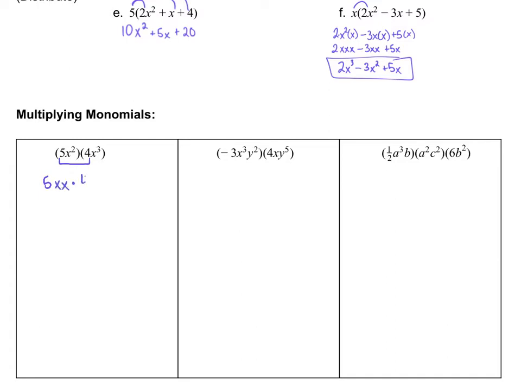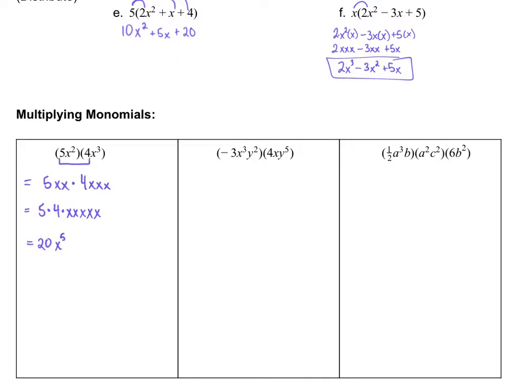Times 4x cubed is 4 times x times x times x. So everything's multiplying, so I could rearrange it to 5 times 4 times x times x times x times x times x. Now 5 times 4 is 20, and if I have x times x times x times x times x, or 5 of them, I would get x to the 5th.